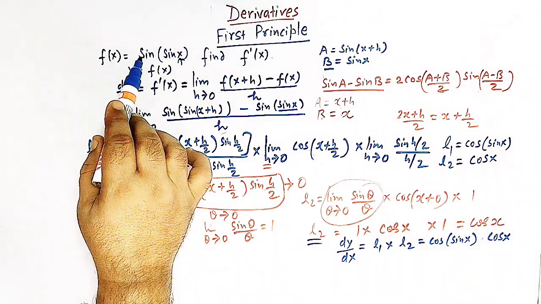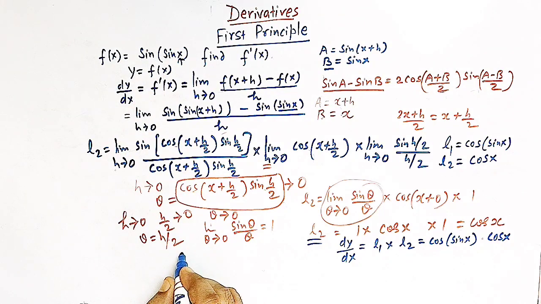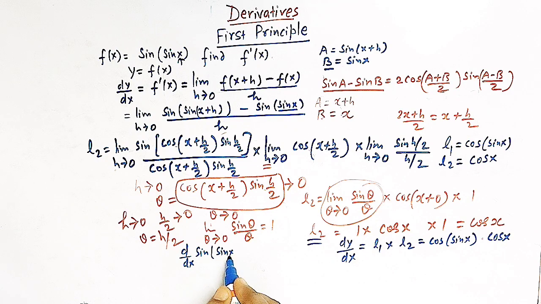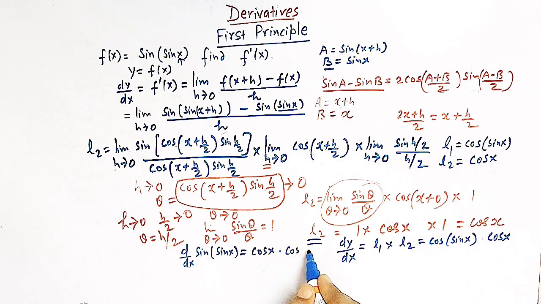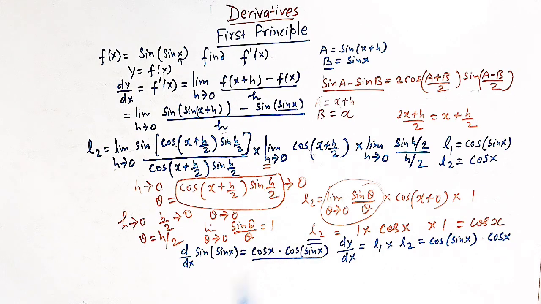So the derivative of this function, that is sine of sine x, is given by the expression cos x times cos of sine x. So this is how, by making use of the concept of first principle, we can easily find out the derivatives of functions.